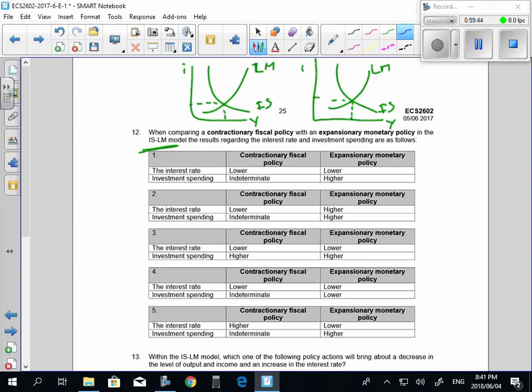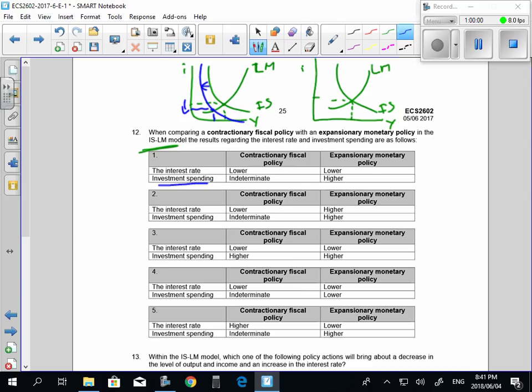Contractionary fiscal policy, we shift the IS curve to the left. Decrease in interest, decrease in output and income. But that's not what they're asking. They're asking what happens to investment spending.